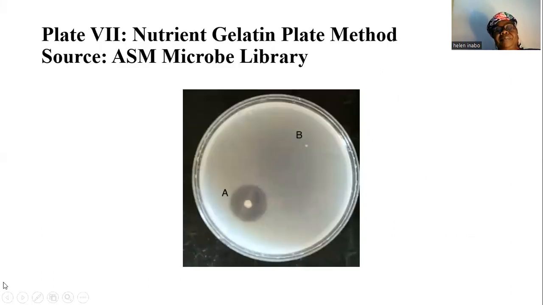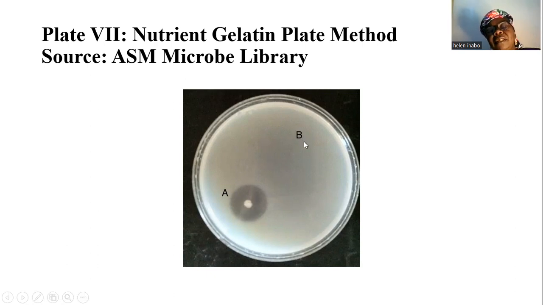Here is a plate showing the nutrient gelatin plate method. The test organism isolate A, which was inoculated here, following flooding with saturated ammonium sulfate, shows evidence of precipitation of the gelatin in the rest of the plate, while you have a clear area of gelatin hydrolysis around the colony.